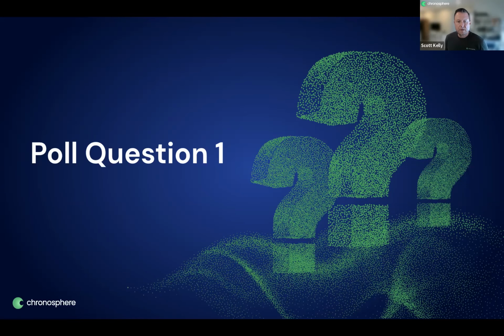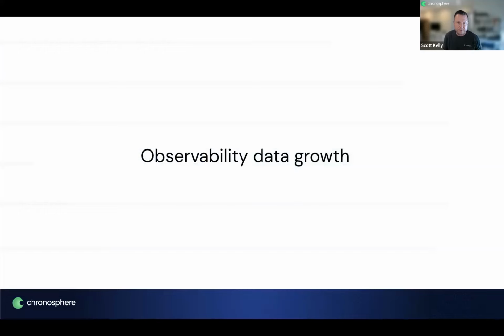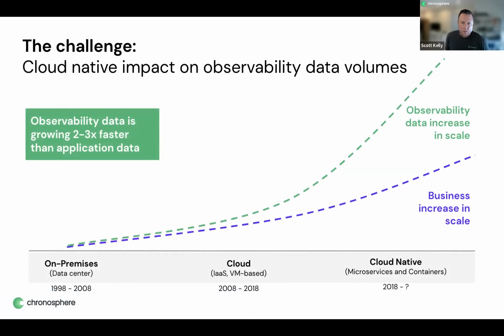So as I said, we're going to talk through some of the challenges. One of the first challenges that you'll face is the growth of observability data. And what happens is, and this is something that's changed, over time observability costs have always kind of tracked with the business growth. It's always been something that people have looked at as an organization.